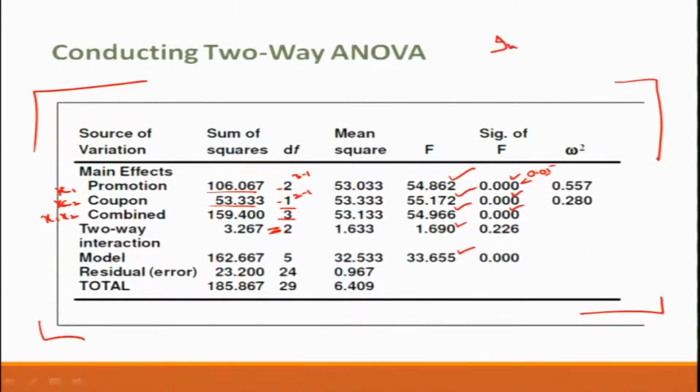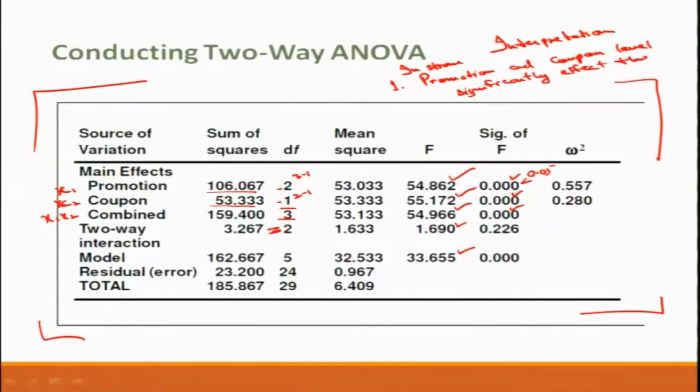The interpretation would be, number 1, promotion, that is the in-store promotion, and coupon level significantly affect the sales. This is number 1.